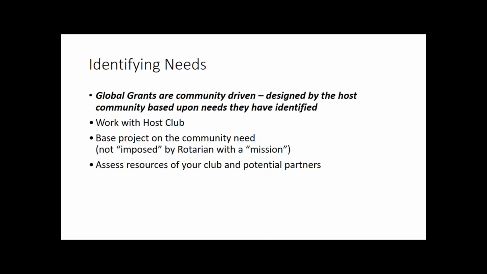And you assess the resources of your club and your potential partners. My goodness, when we look around at our clubs, we have such a rich body of resources available to us. That's why we say, please get more than 1 or 2 people involved in the grant process. Have as many people as you can trained, and then use their expertise.